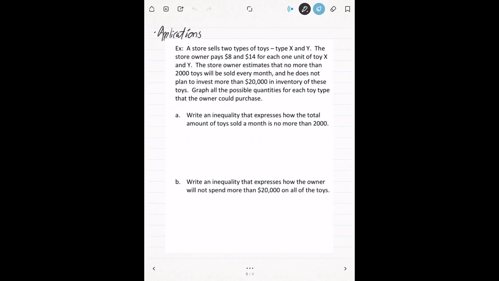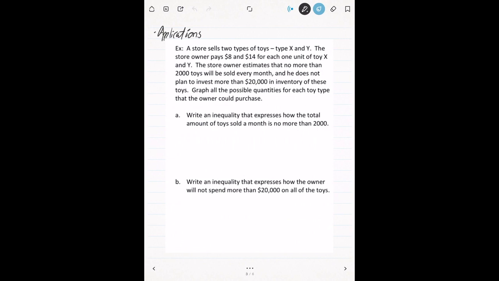Now let's take this idea of feasible region and let's actually go through an application problem to see if we can identify what this area is. So in this problem, we're talking about a store selling two types of toys. There's type X and there's type Y. So imagine you're running a toy store and they only sell two different products, okay?